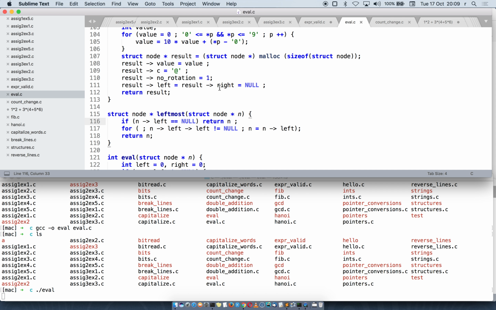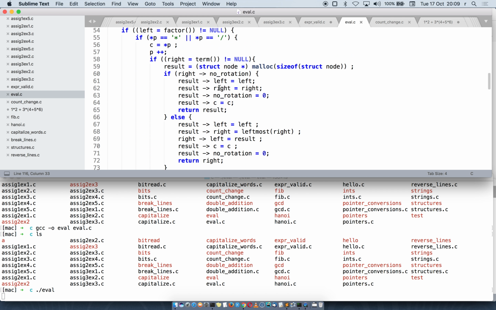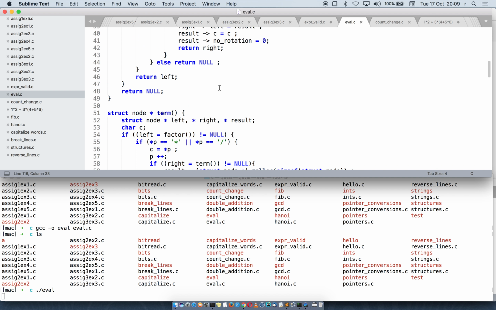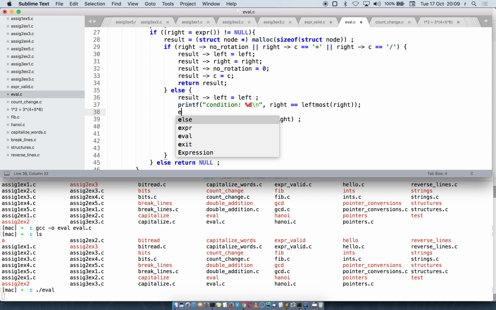Anyway, this is defensive in the sense that if it's wrong, we want to find out whether right equals leftmost of right, and I'm just going to do a system exit one here.